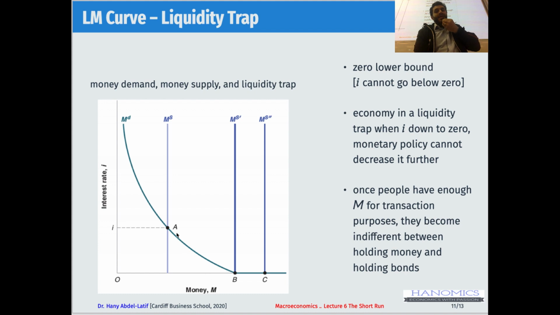But this is in normal times. If you have a very low or nearly zero interest rate, that segment of the demand for money curve becomes horizontal, as you see here. The problem is when the central bank tries to follow an expansionary monetary policy where they want to increase the money supply.